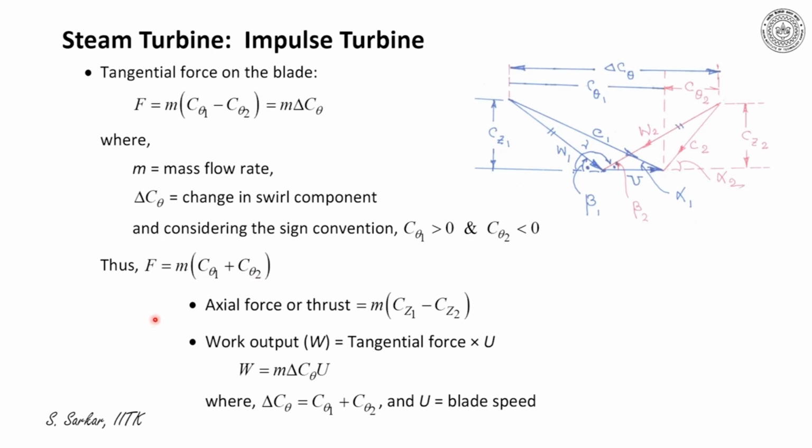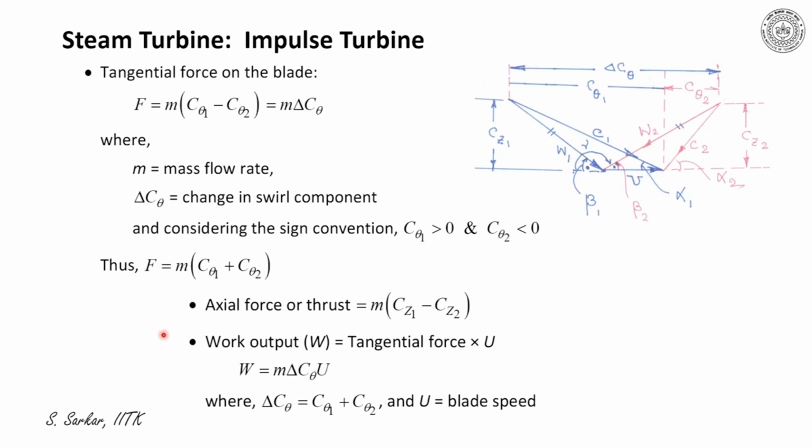Now, axial force or thrust for which a bearing would be designed is equal to M into (Cz1 minus Cz2). Since W1 and W2 are unequal, there would be some thrust on the turbine, and this expression of thrust would be M into (Cz1 minus Cz2).